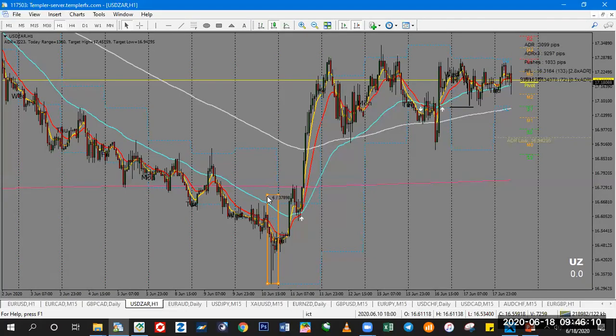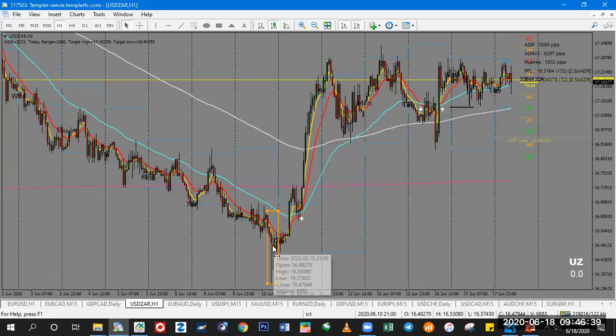So I'll be finding 3099.9. So ADR is simply an average. So around that is a good point to plot. ADR is simply an average of 15 days for the number of pips moved.